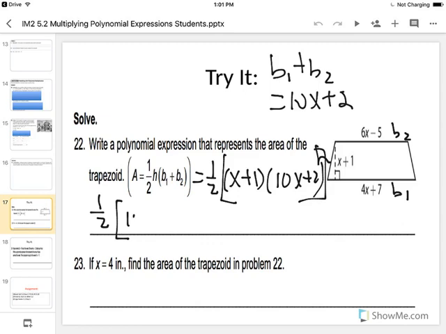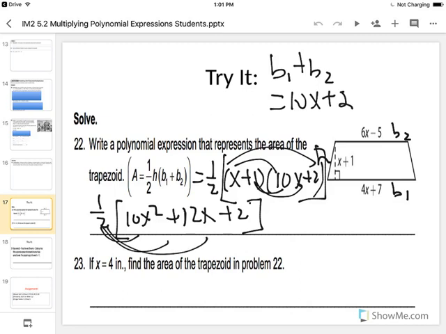So this gives us 10x squared. That gives us 2x, and this gives us a 10x, so that gives us 12x plus 2. Now we're going to distribute the half in. Half of 10 will be 5x squared plus 6x plus 1.